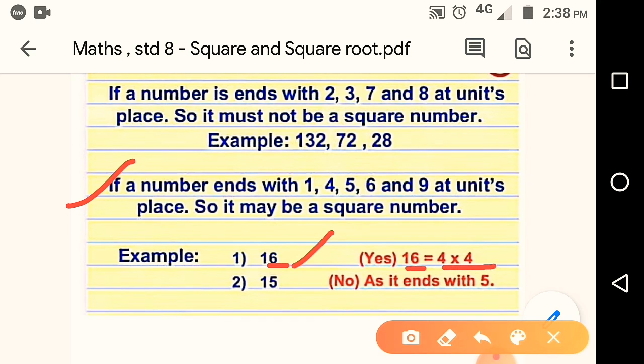So yes, it is a square number. Here the last digit is 5, but it is not compulsory that it is a square number. Normally square numbers have last digit 1, 4, 5, 6 and 9, in the ones place, the units place.